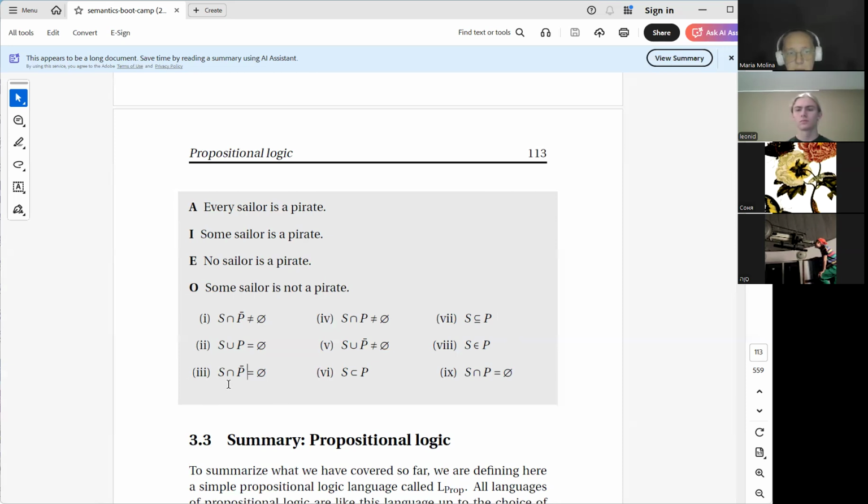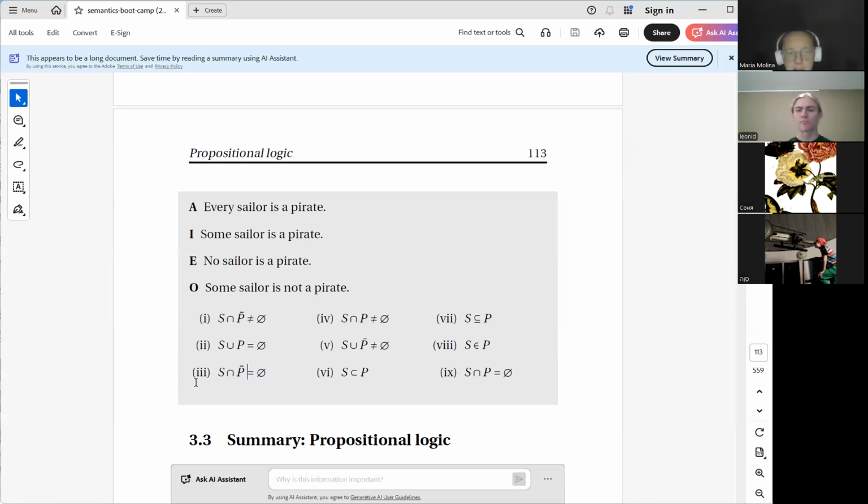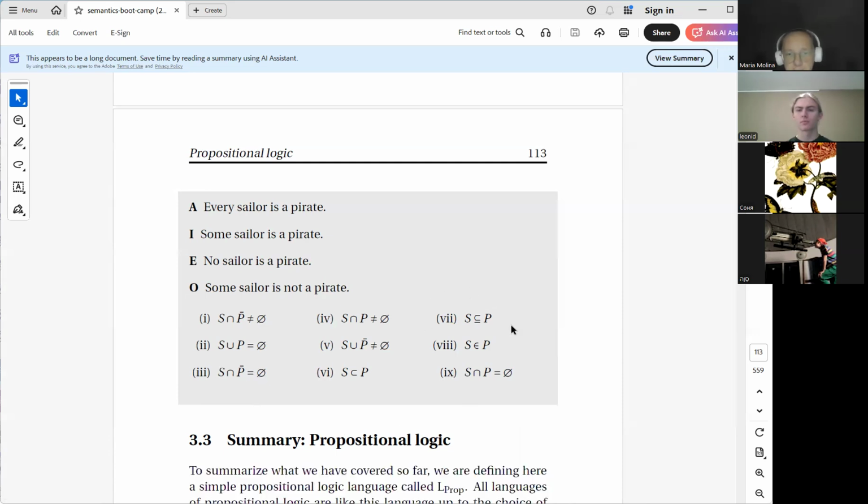The intersection between sailors and non-pirates is empty. So number 3 is equivalent to number 7. Seva, can you see that? So number 3 is an equivalent of 7, not 4. Yes, okay, we agree there.